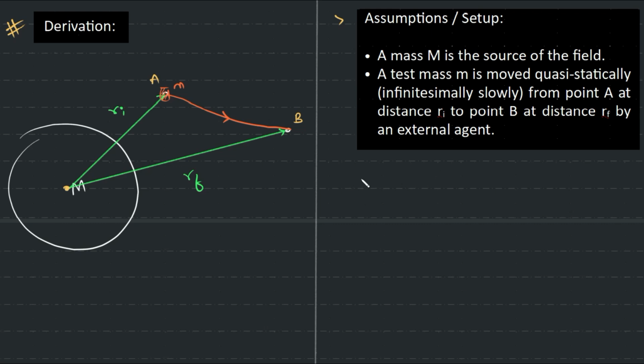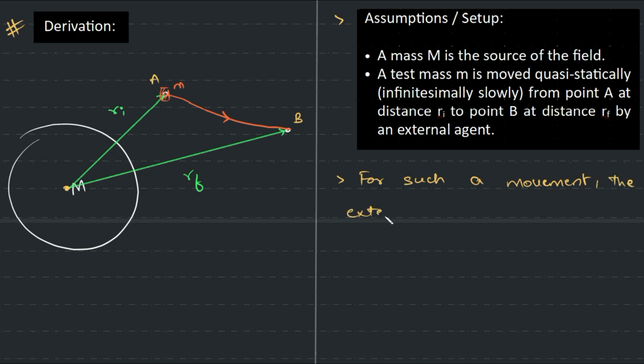Now, for such a movement, what kind of movement are we talking about? Quasi-static.